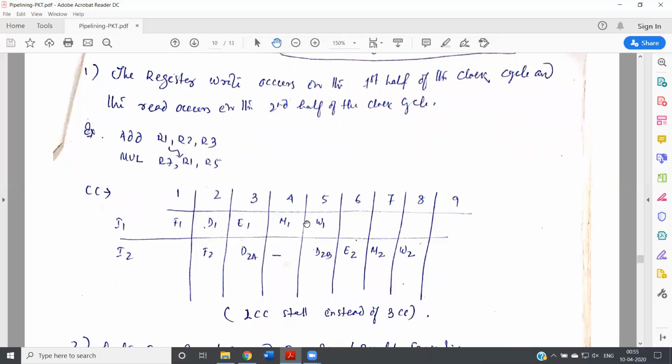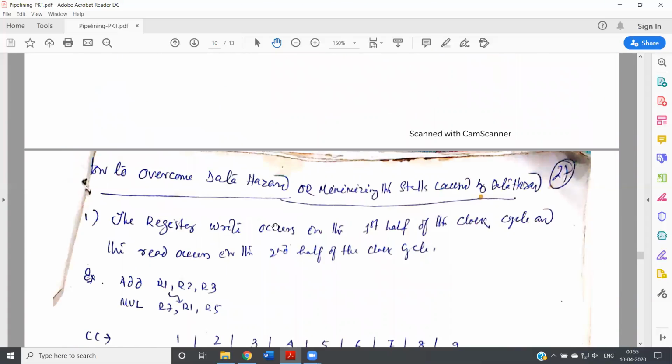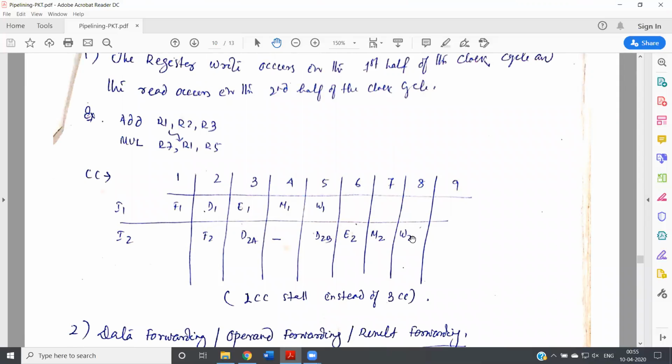That means in the 5th clock cycle, while it is writing, it can also start reading in the same clock cycle. In the previous case, when it writes, the next clock cycle it reads. If you have such circuits so that writing and reading can be done in the same clock cycle, then it will complete in the 8th clock cycle. We save 2 clock cycles, that means we have reduced the penalty by at least 1 clock cycle.